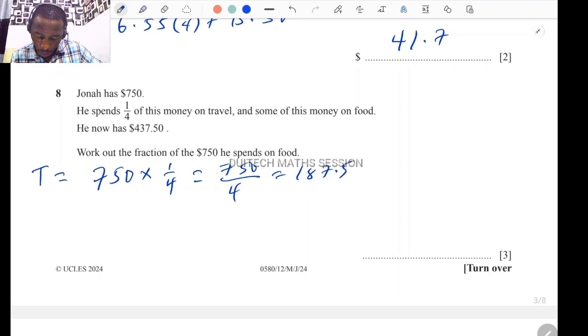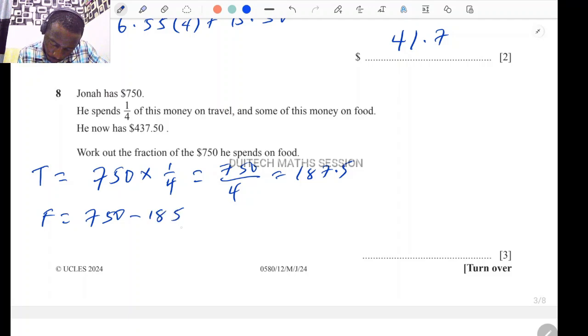So remember, we're looking for what he spent on food. So we're going to subtract this, because we're told that this is what he has left now. So for food, it will be 750 minus 187.5, then minus 437.5.